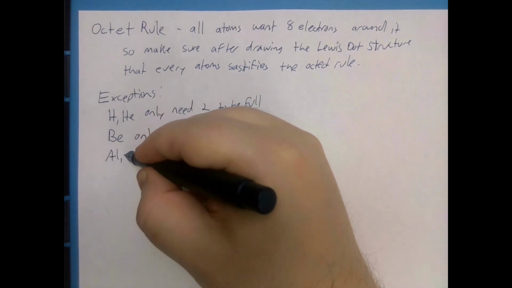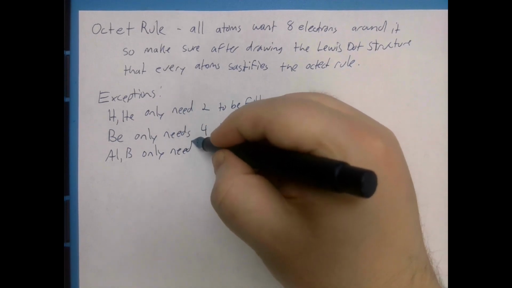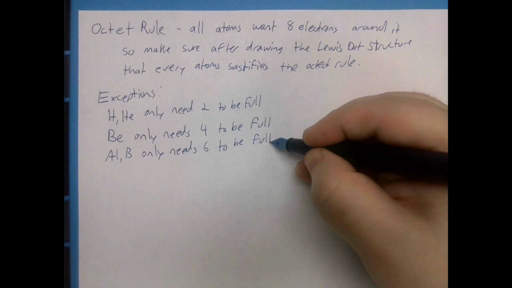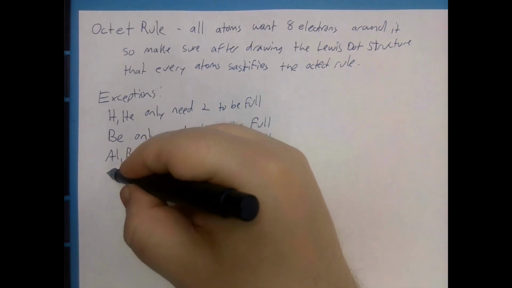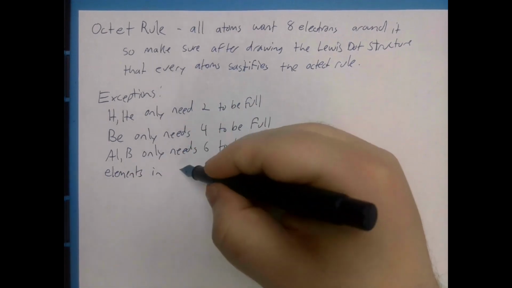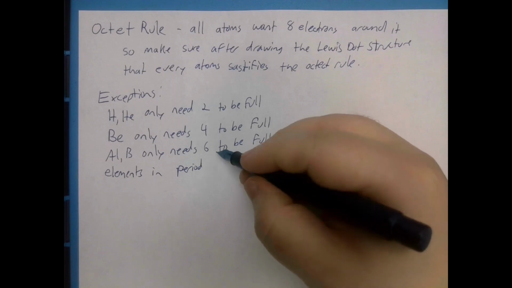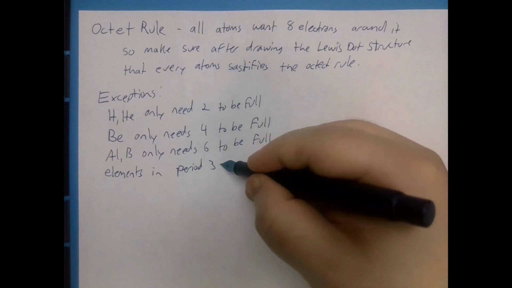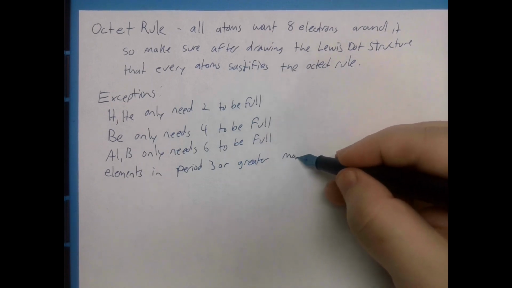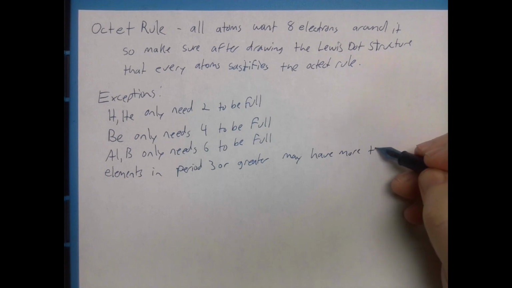Aluminum and boron only need 6 to be full. Elements in period 3 or greater may have more than 8.